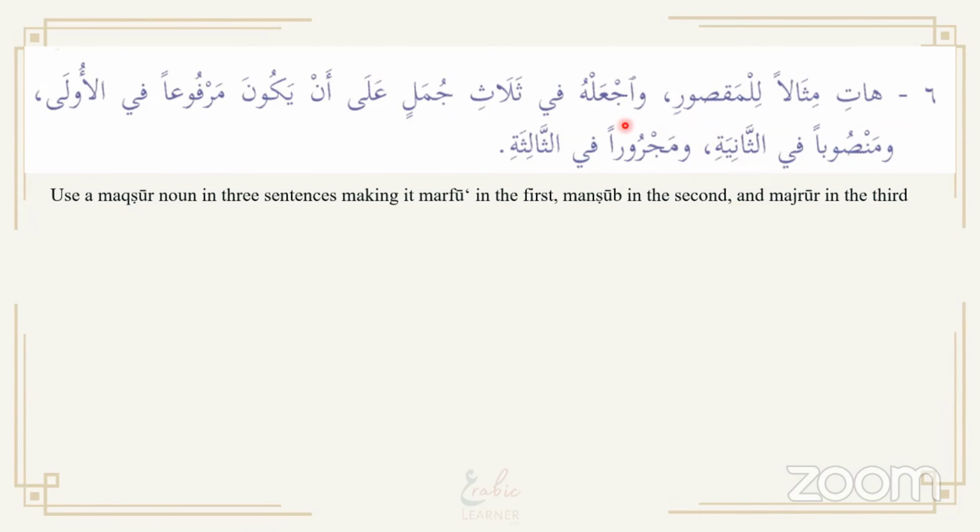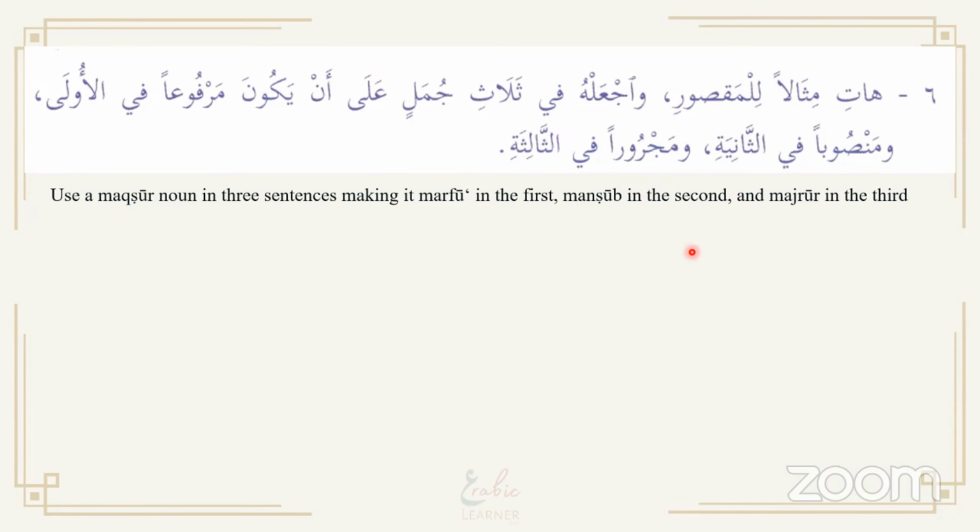Waj'alhu fi thalath jumal ala an yakuna marfu'an fil ula wa mansuban fith thaniya wa majruran fith thalitha. What he is saying is, use the maqsoor noun in 3 sentences, making it marfu in the first, mansoob in the second, and majroor in the third. It's very simple, brothers and sisters.